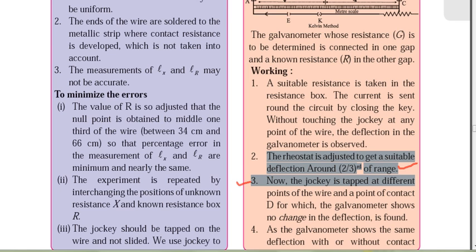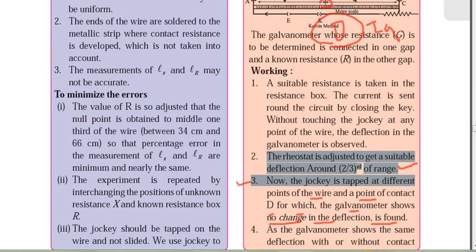Then third step will be, now the jockey is tapped at different points of the wire and the point of contact D for which the galvanometer shows no change in the deflection is found. Then after that, ये जो यहाँ पे jockey है, at point D it is tapped at the different points on this wire, so that the point D is obtained, which is the null point for the meter bridge.